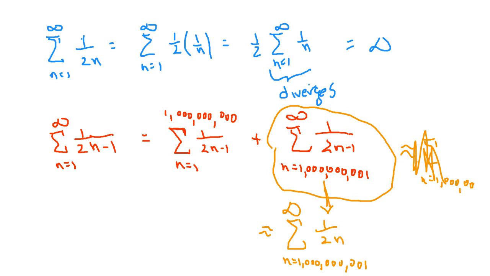Would we agree that this series is approximately equal to the series 1 over 2n? Does that make sense?